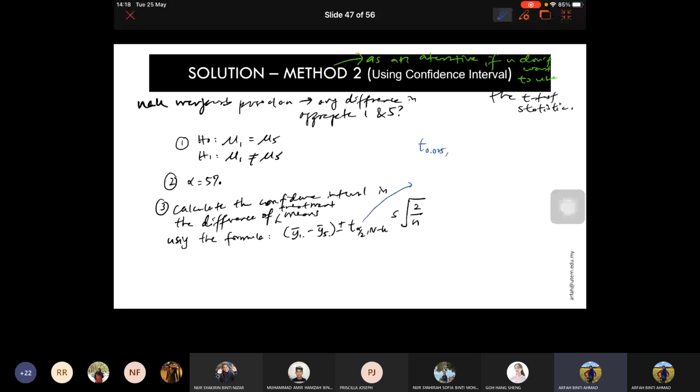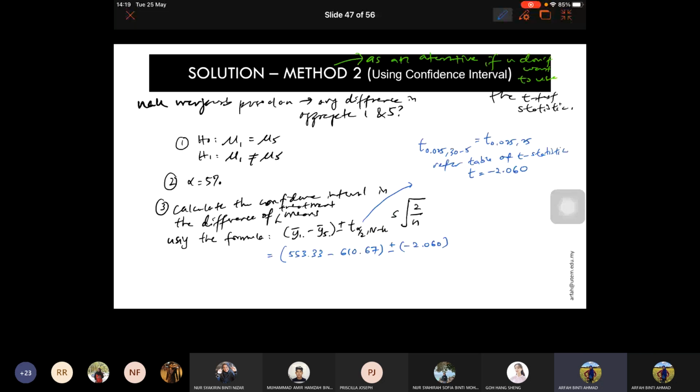So refer table of t statistik, dapat t sama dengan negatif 2.060. So masukkan dekat dalam formula ni. Yang ini daripada Anova Table, y bar 1 dot 553.33 tolak 610.67 tambah tolak negatif 2.060.